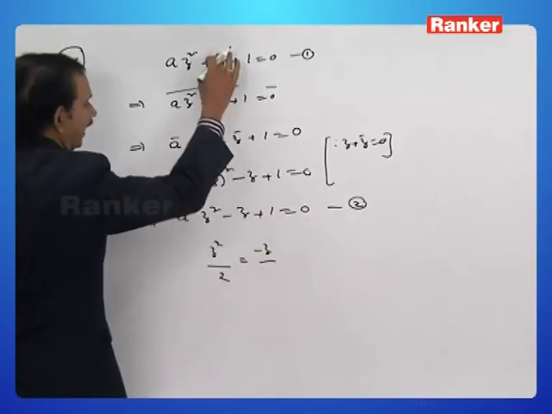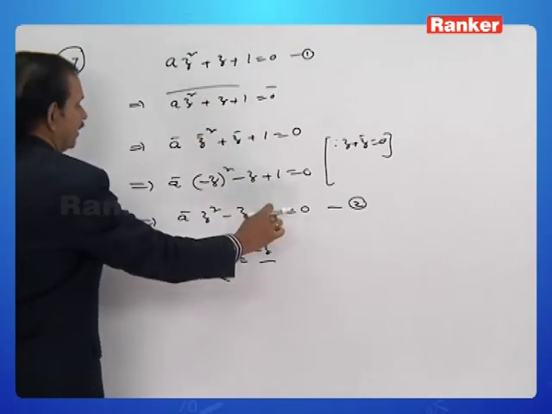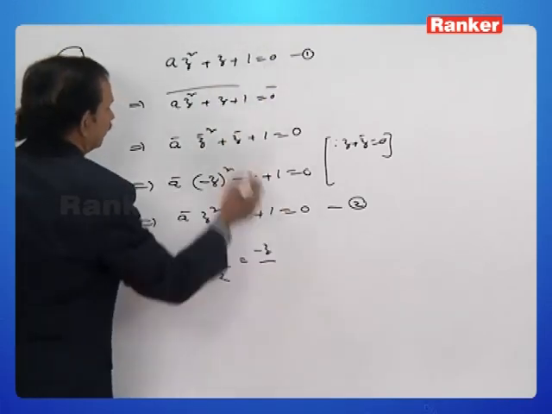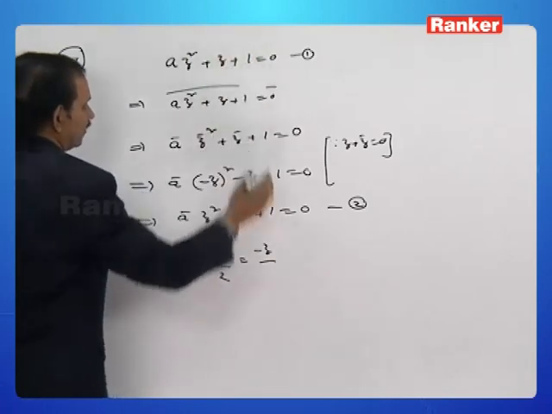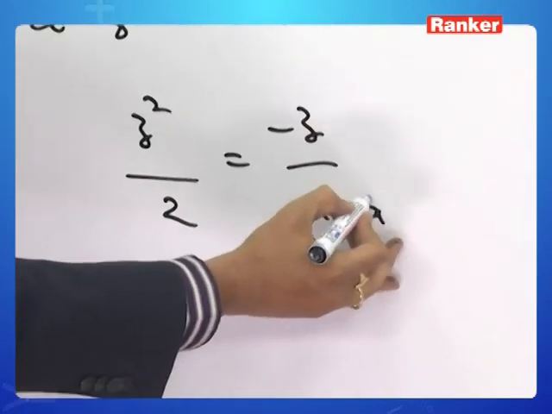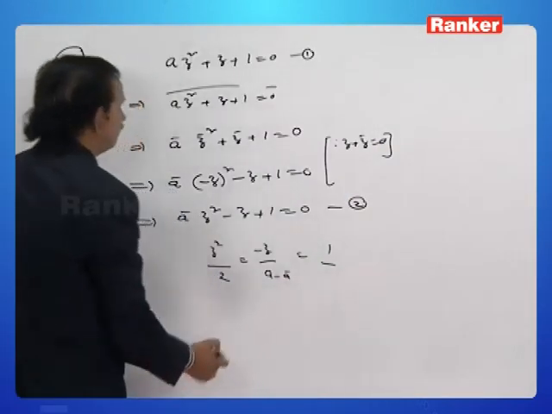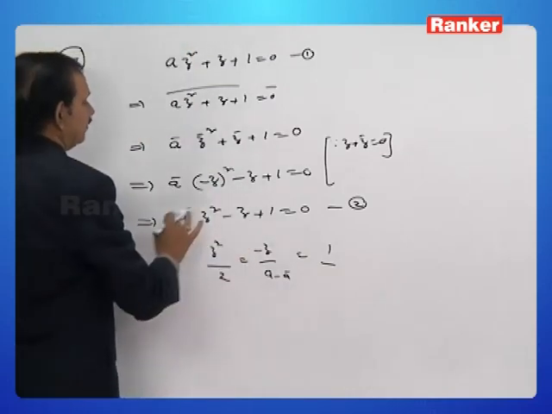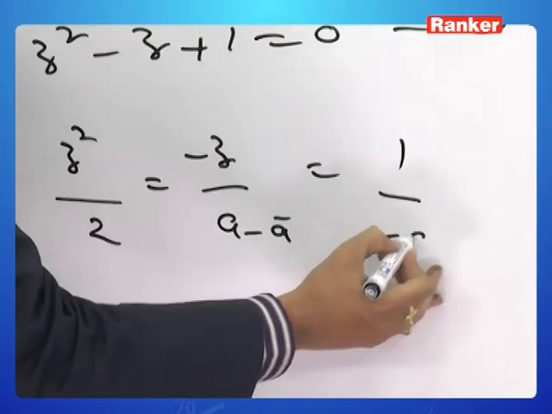Minus z by 1 minus a bar, no, a minus a bar, is equal to 1 by minus a minus a bar.